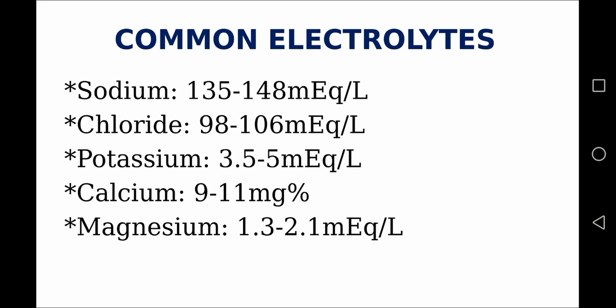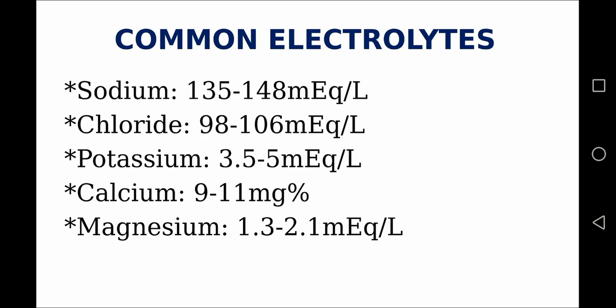First one, sodium. The normal range for an adult is 135 to 148 milliequivalent per liter. Next is chloride and bicarbonate. The normal value for chloride is 98 to 106 milliequivalent per liter. The main function is to maintain the osmotic pressure. Next is potassium.